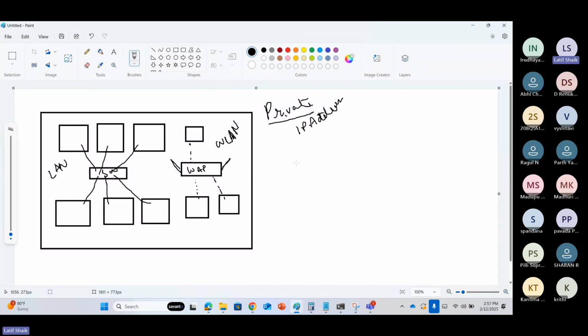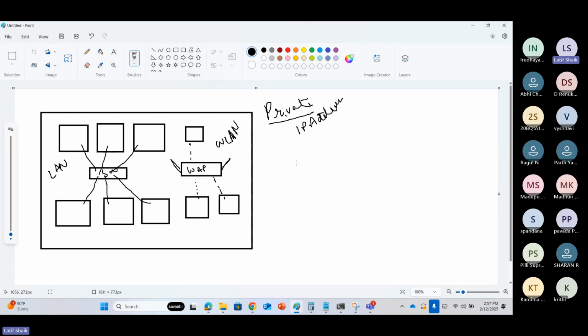Actually these IP addresses are controlled by IANA or ICANN. These two organizations mainly control these IP addresses: which country, which region, what IP, what network they should use.